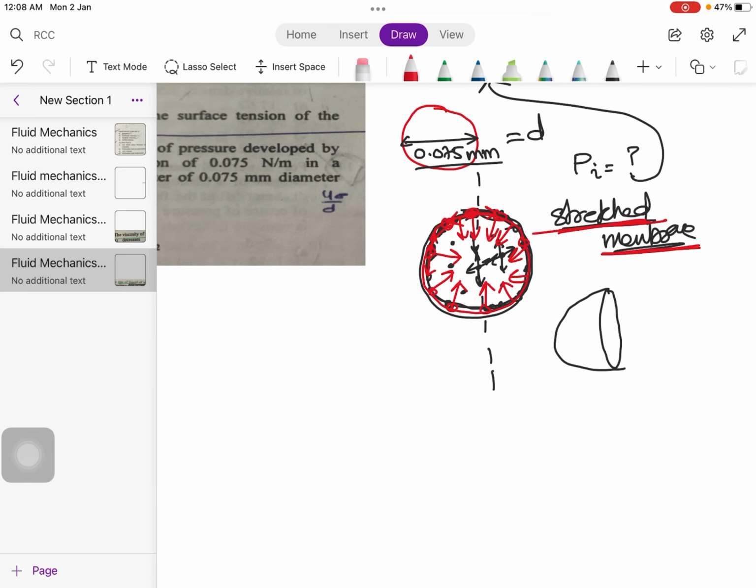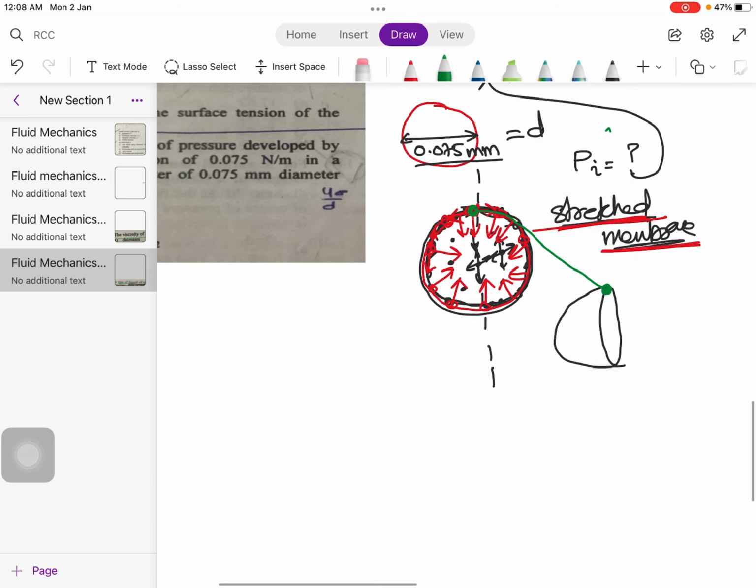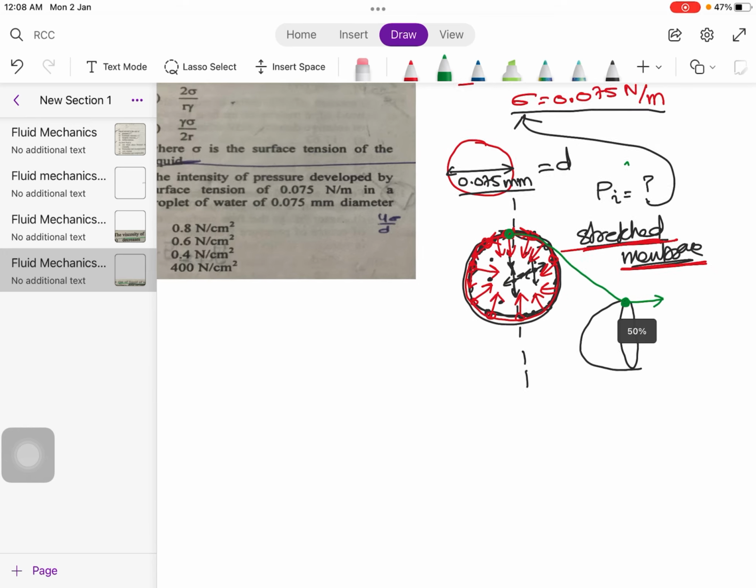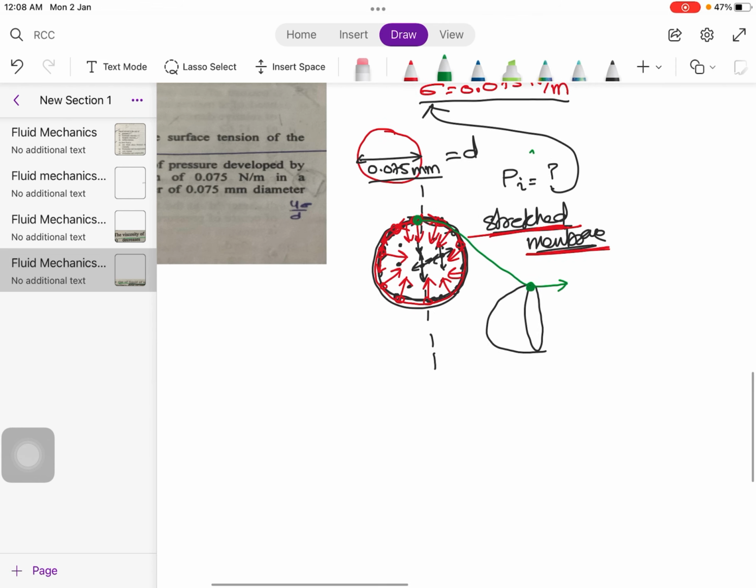Now, if we observe a molecule very close to the surface of this membrane, here, it would have been experiencing a force like this.